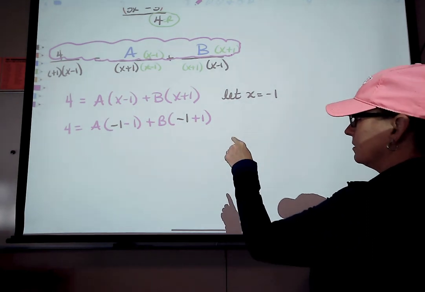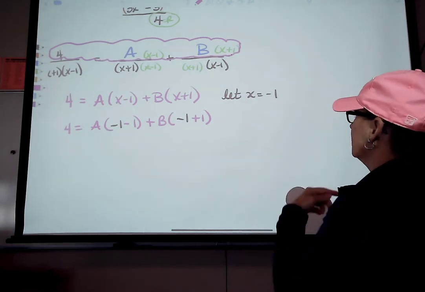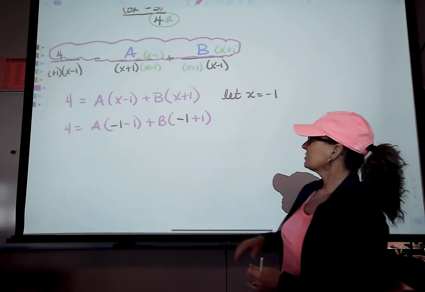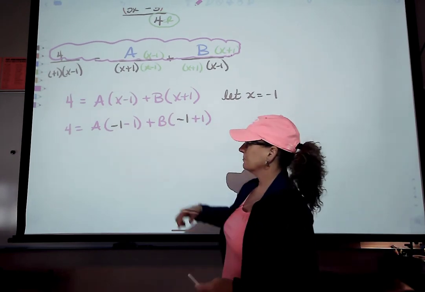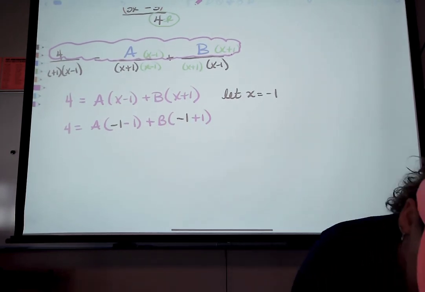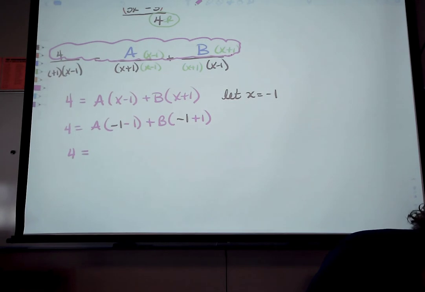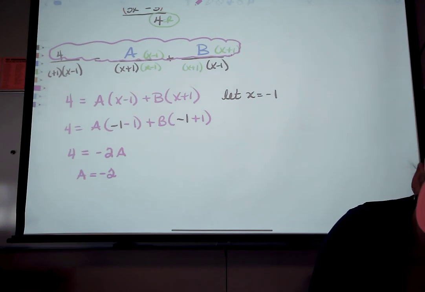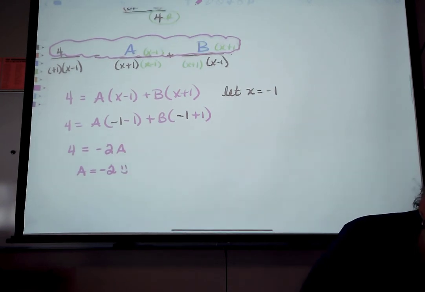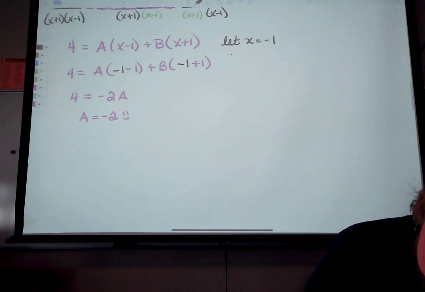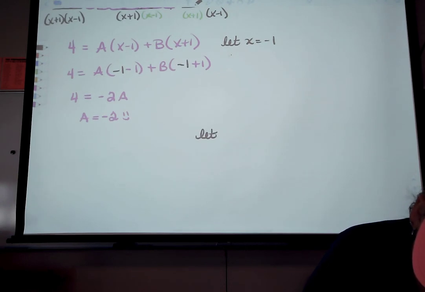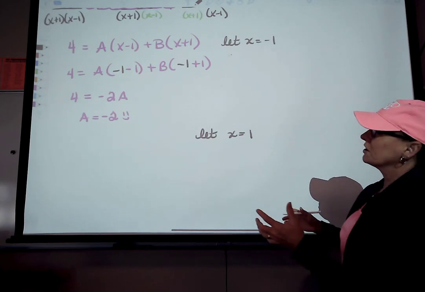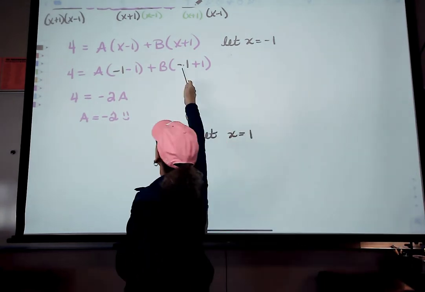Subbed in -1, subbed in -1. There we go. So this is 0, that's gone. And then to work on finding b, I'm going to go back up to the original.